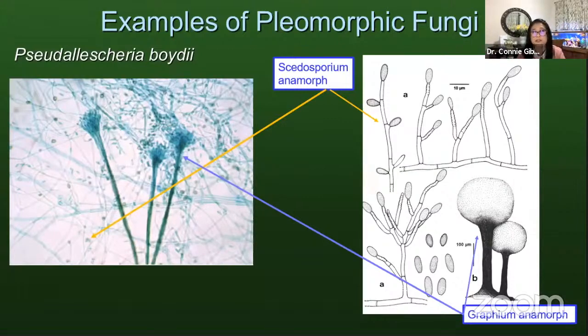So when you see this in culture, do not panic, because you don't have a contaminated culture. These are just pleomorphic fungi having two morphologies or two states together. If you have two anamorphs, they are called synanamorphs. So it has many anamorphs. It is a synanamorph, okay? So that's another example of a pleomorphic fungus.